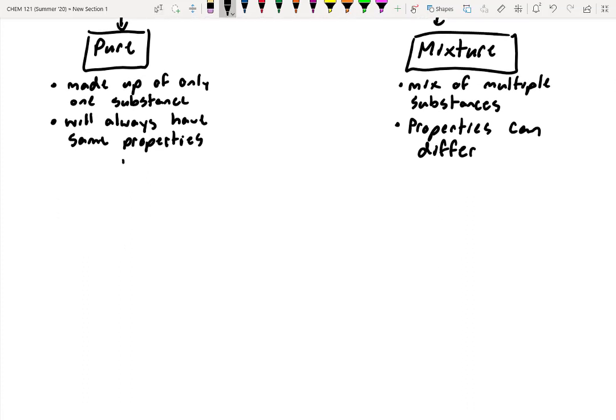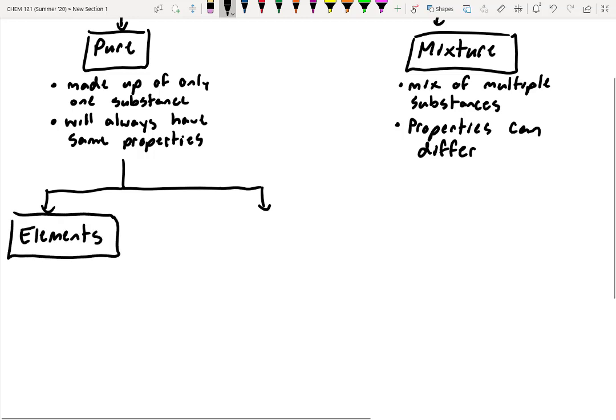So in a pure sample, we can subdivide this into two groups. So I'll branch this. In the first group, we have what are called elements. And what elements are is a substance made up of only one atom type.